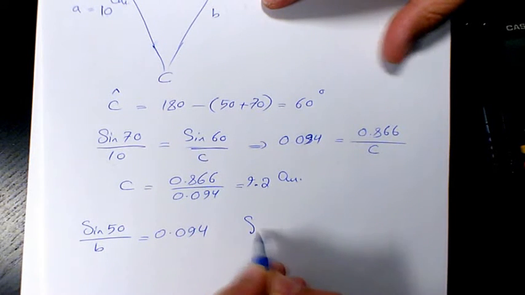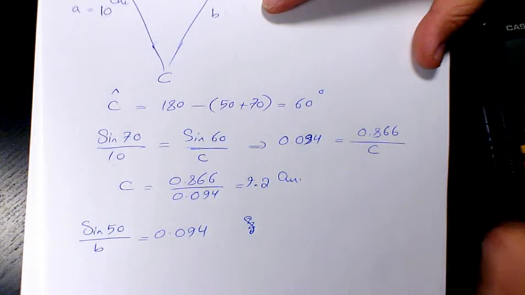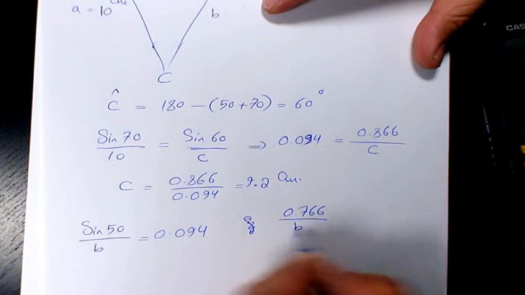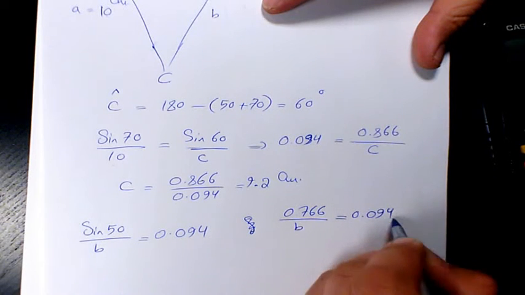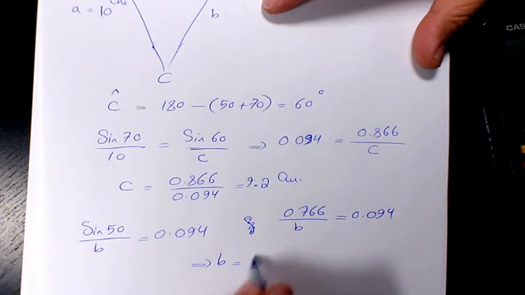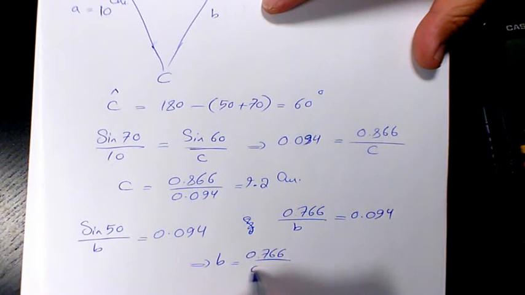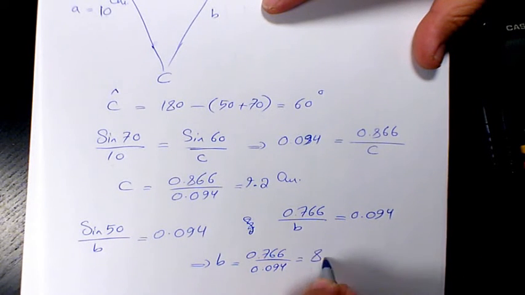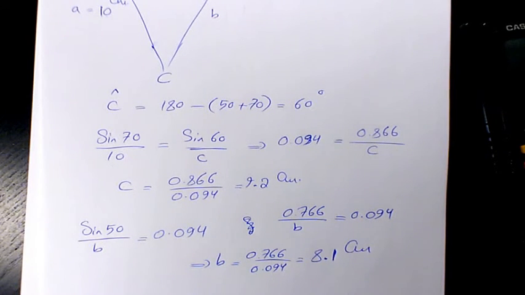So sine 50 is 0.766 divided by b is gonna be 0.094. So b is gonna be 0.766 over 0.094, 8.1 basically when you round it. 8.1 centimeter.